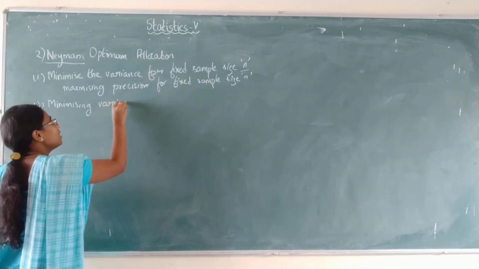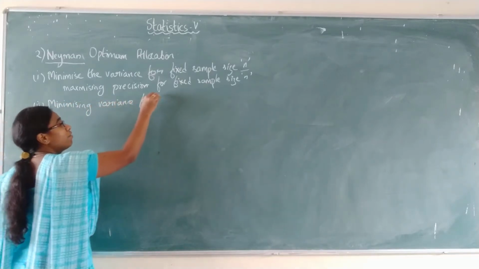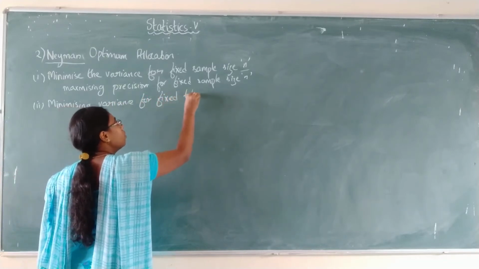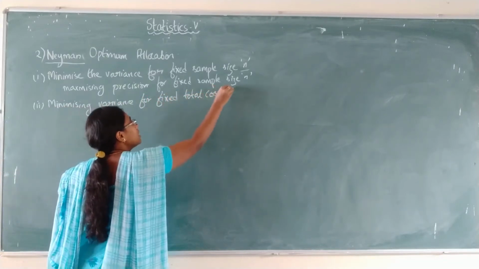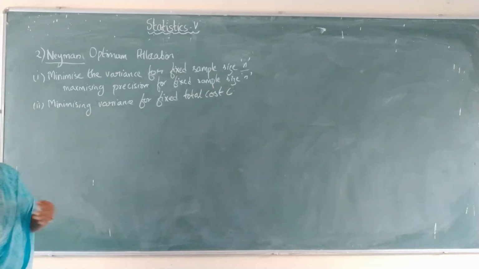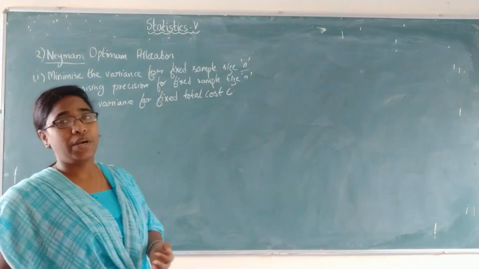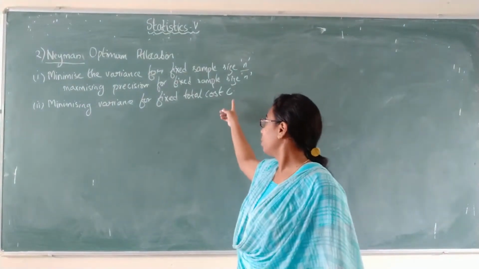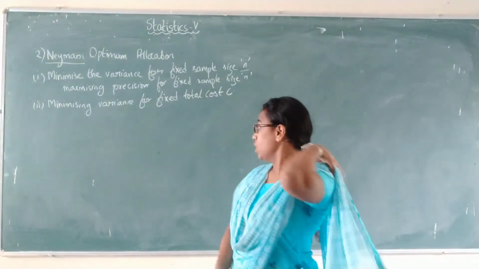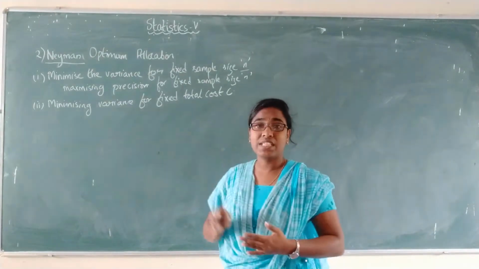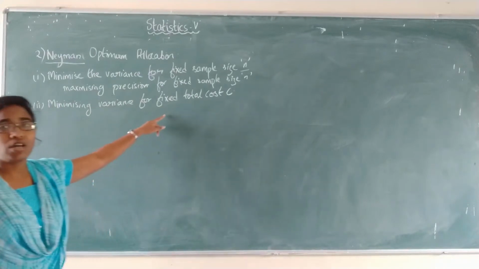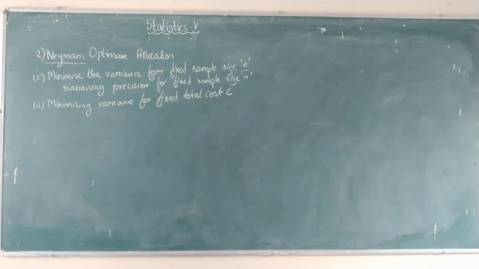Next is the second one, minimizing the variance for the fixed total cost C. While investigating or drawing the sample, whatever cost we incur, that is the total cost, and it is denoted with C. So first we will fix our cost, and depending on that cost we will minimize our variance.